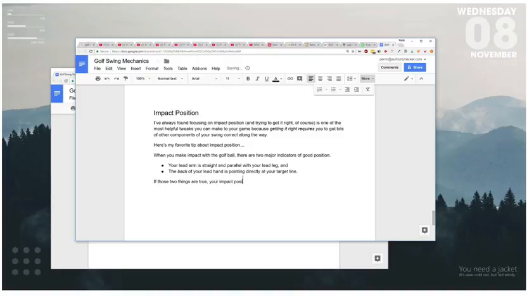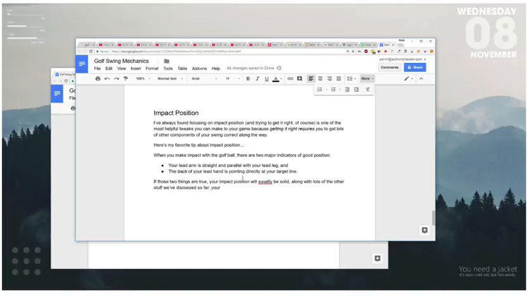your impact position will usually be solid, along with lots of the other stuff we've discussed so far.